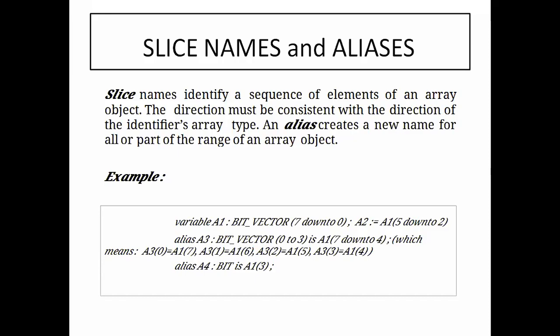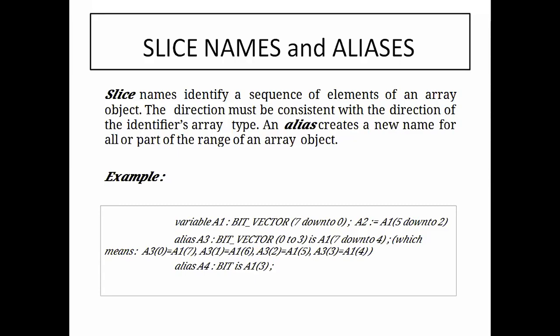Okay, you can have a look at the example. So first variable a1, it's an array name. Then you have bit_vector 7 down to 0. That means it's an 8-bit value. Then for a2, its initial value is a1, and that is 5 down to 0.